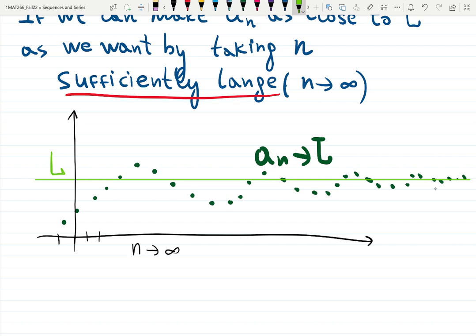The definition says DEF, which means definition.